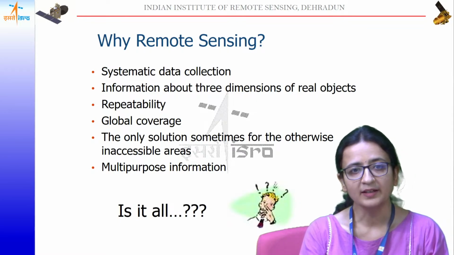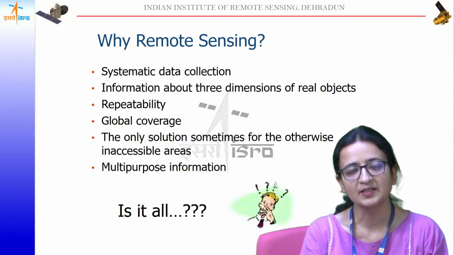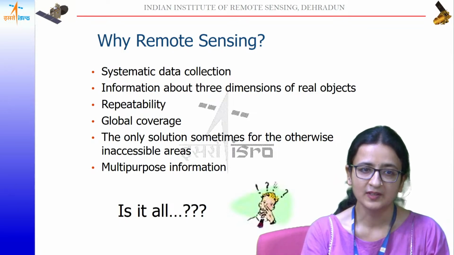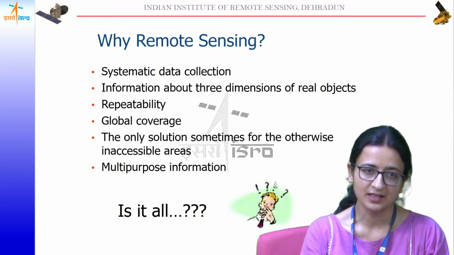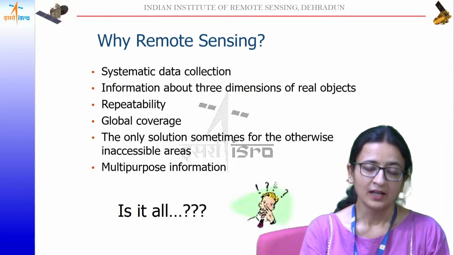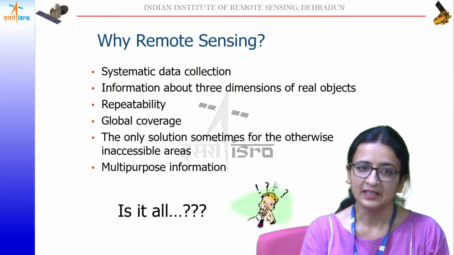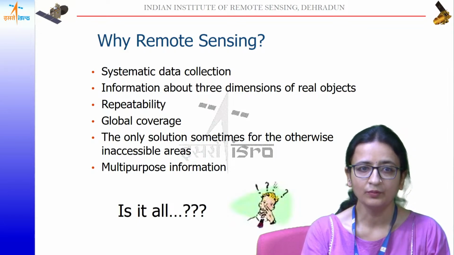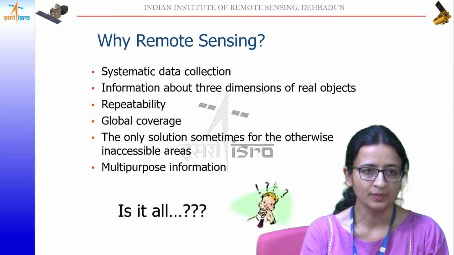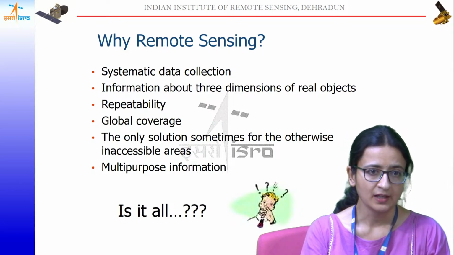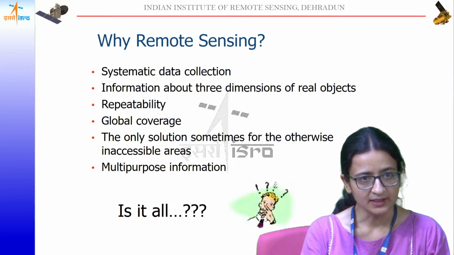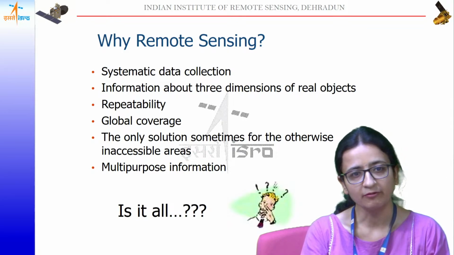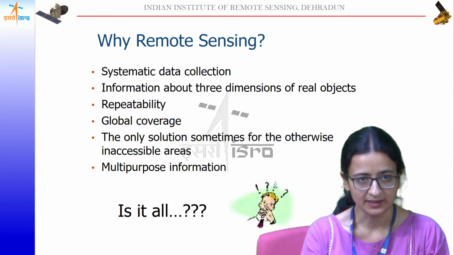Then another advantage is repeatability in both space as well as time. We can revisit a particular area after a particular interval of time, depending upon which type of satellites or platforms we are using. So the same area can be covered at different points in time, which is repeatability.